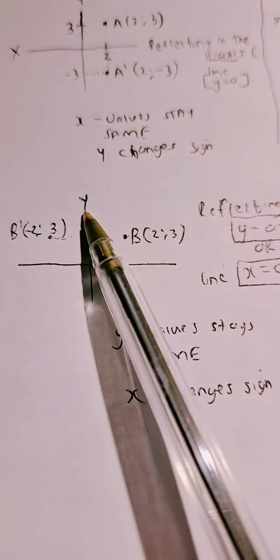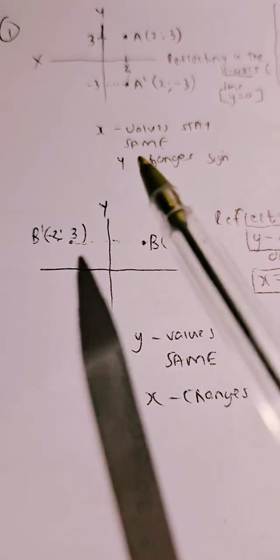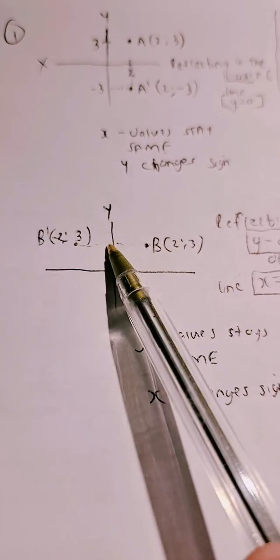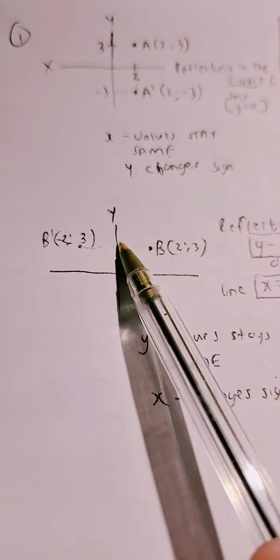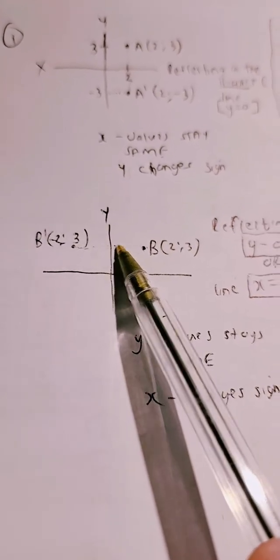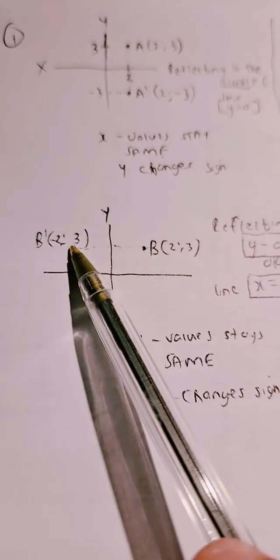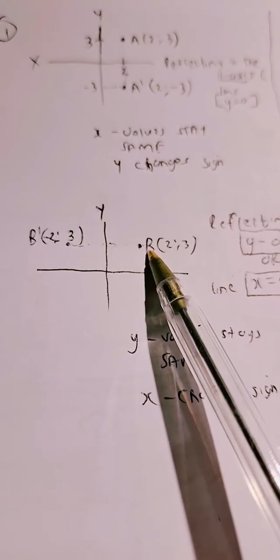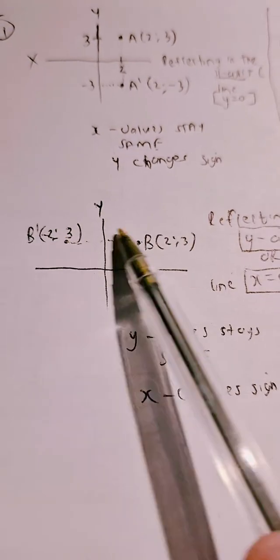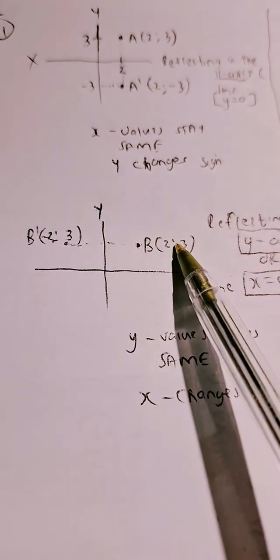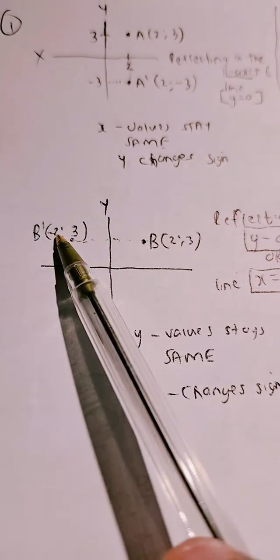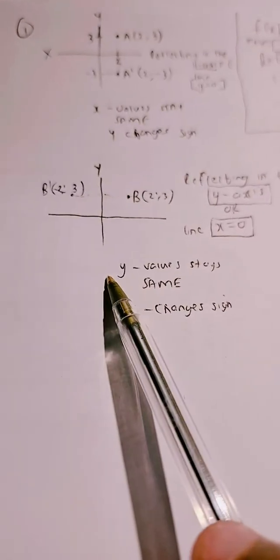The distance from the axis where you are reflecting will be the same on either side of the particular y-axis that you are talking about. So our distance from here to there will be the same distance from here to there on the same horizontal line. Therefore, who stays the same? Our y value is still going to be 3, meaning y does not change, but rather who changes? It is x. The sign of x changes.